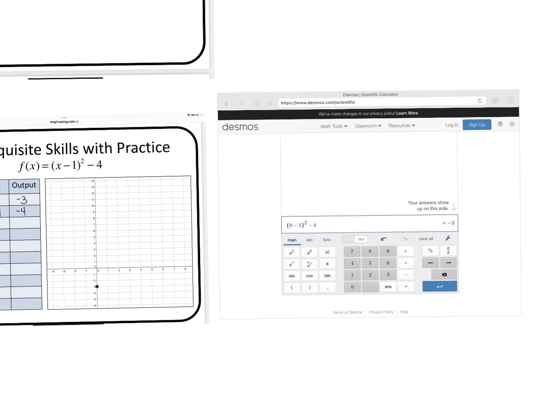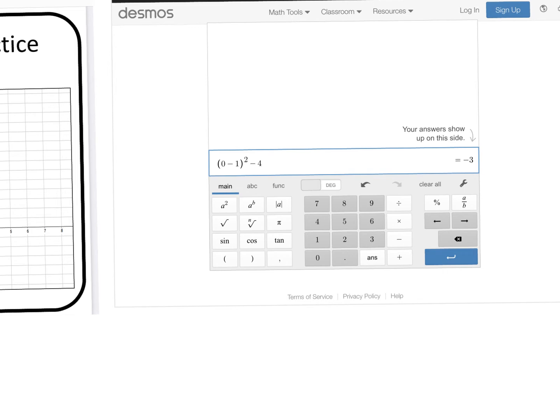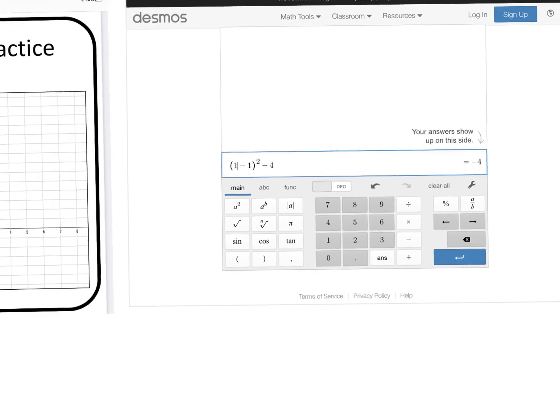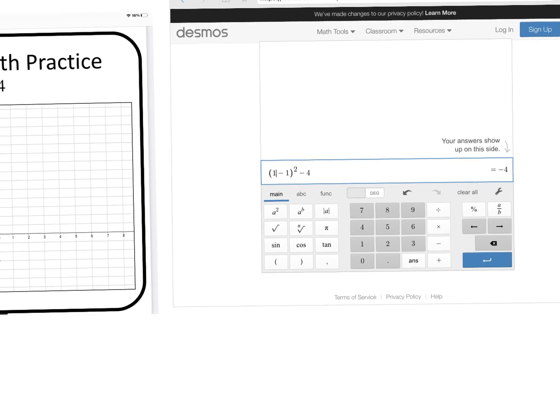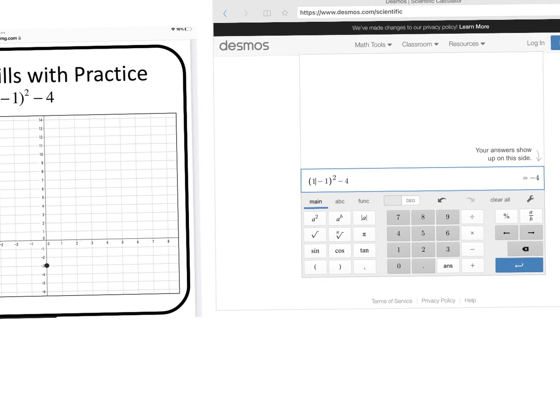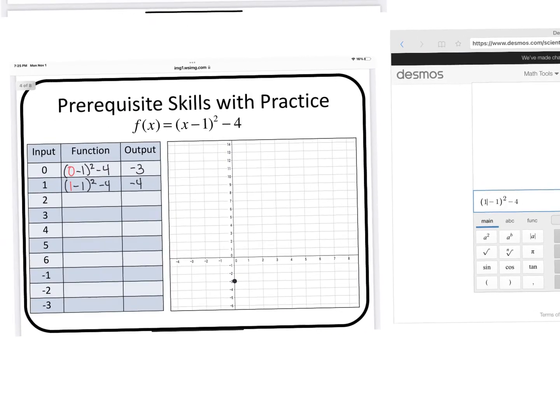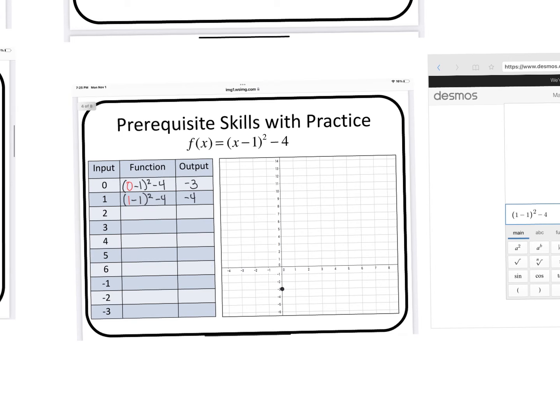So I'm going to subtract that out, and you can see that that is going to give us a negative 4 there. That'd be like 1 minus 1, which is 0 squared, minus 4, which would give us a negative 4. So now we plot that point.